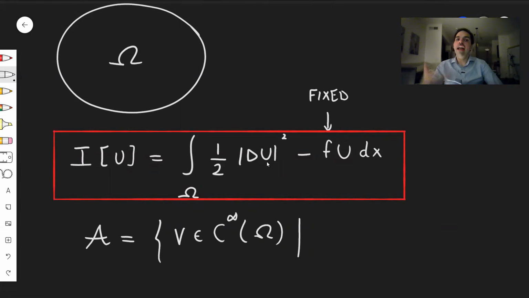And not only that, let's add a boundary condition. Let's require that our function u equals some fixed function g. So in other words, the functions we're considering are all the smooth functions that are equal to g on the boundary.